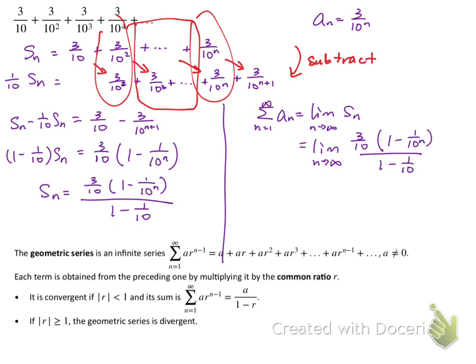As n approaches infinity, 10 to the nth power is infinity, and 1 over infinity is 0. So I'm really just having 3 over 10 over 1 minus 1 over 10. And I want you to observe this is the first term in your series over 1 minus the rate.